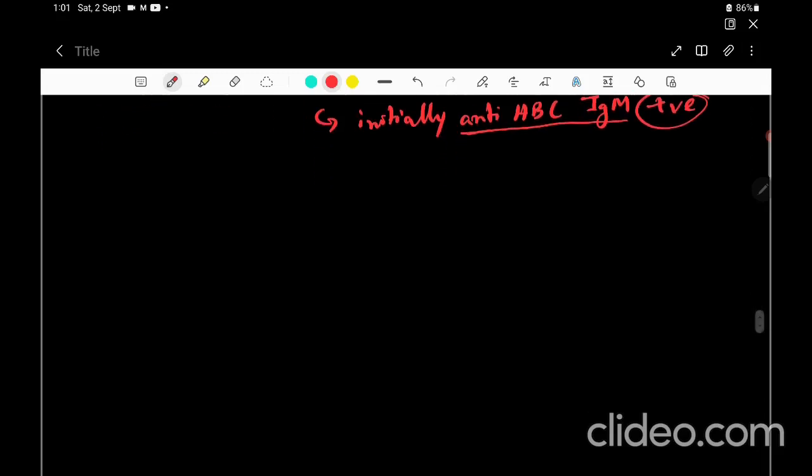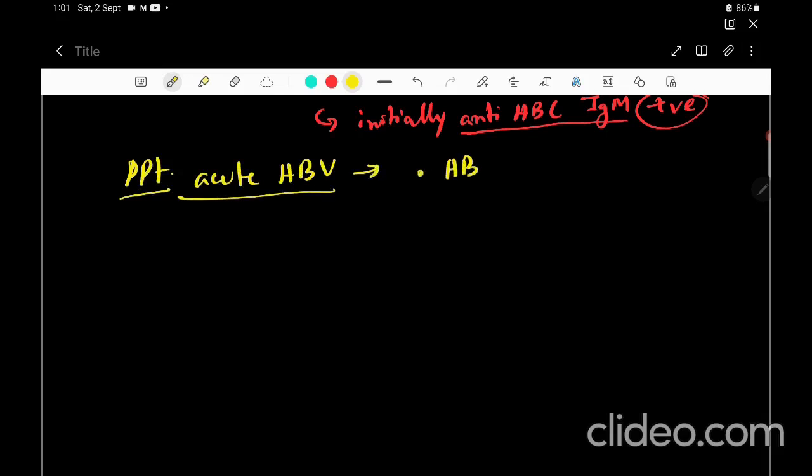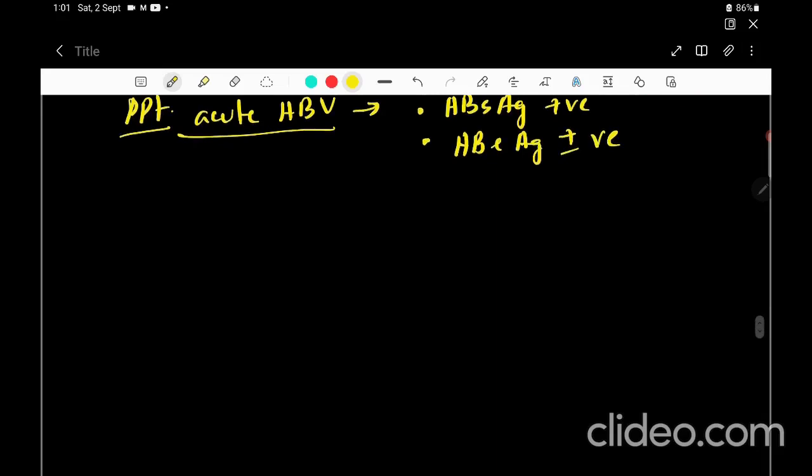So in acute hepatitis B, how will it present? The presentation will be HBs antigen positive, HBe antigen positive or negative, and anti-HBC IgM definitely positive.